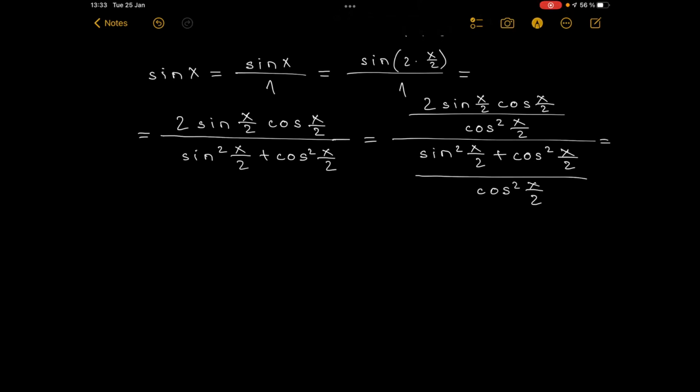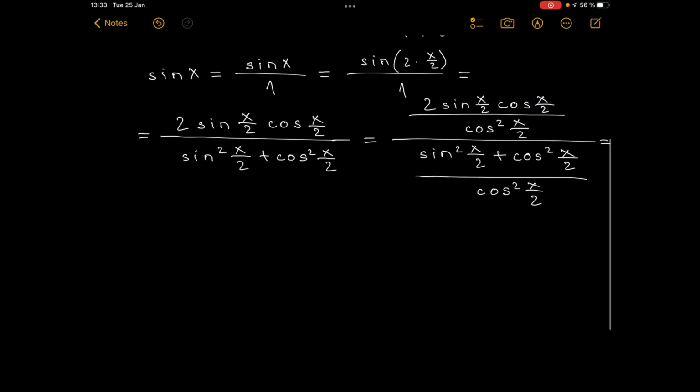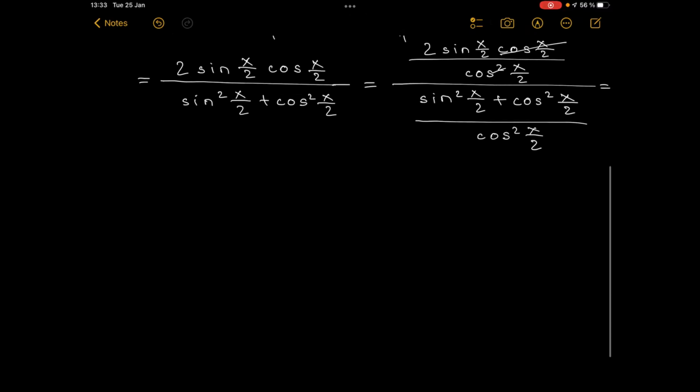Of course, we could cancel out these two cosines, but that's not what we want. Now, notice that we can cancel out this cosine and this square right here. And we can also then rewrite this as 2 times sine of x over 2 over the cosine of x over 2.